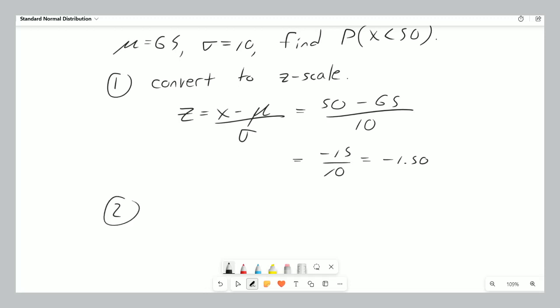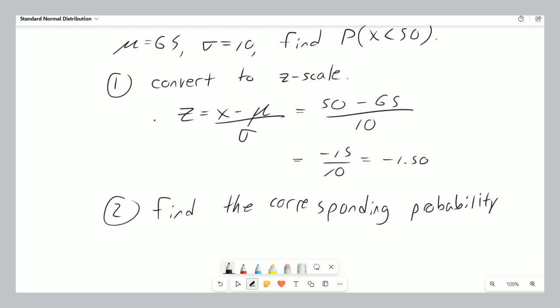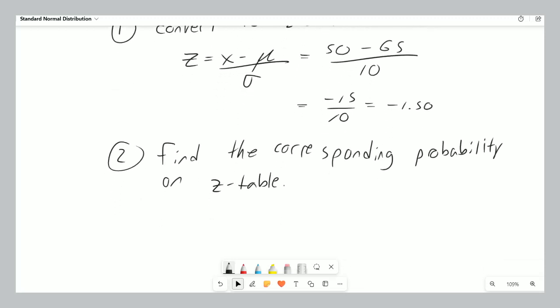Step 2, find the corresponding probability on the z-table. And the z-table gives us the probability of being below a certain value.